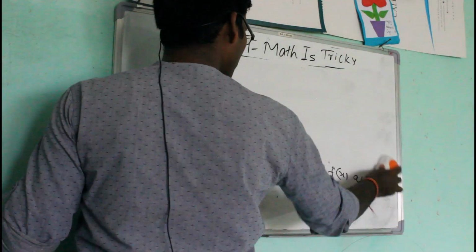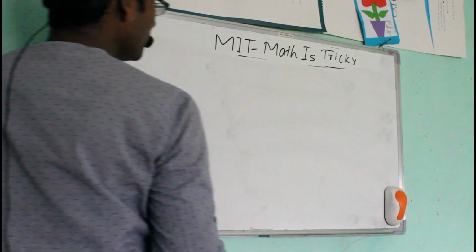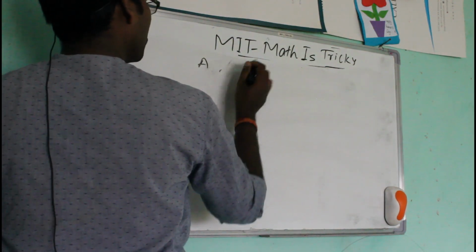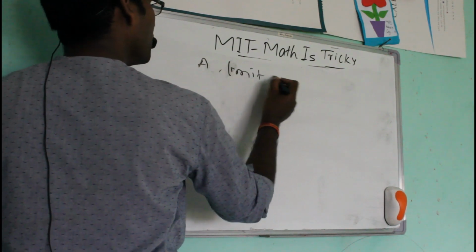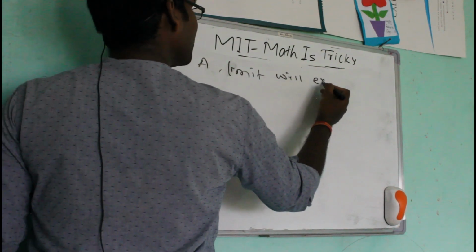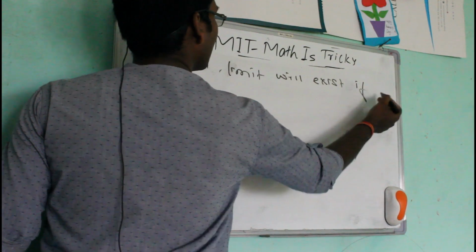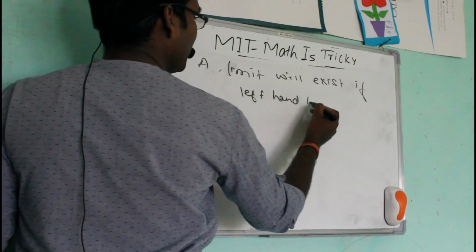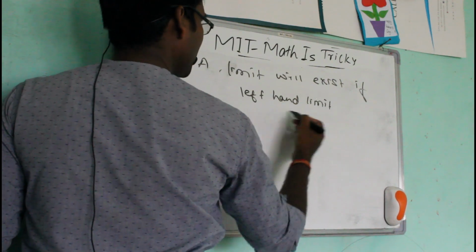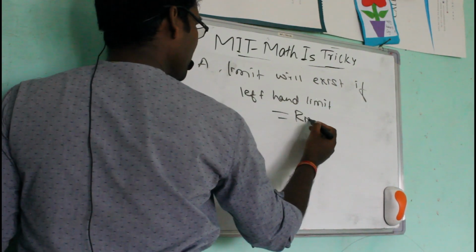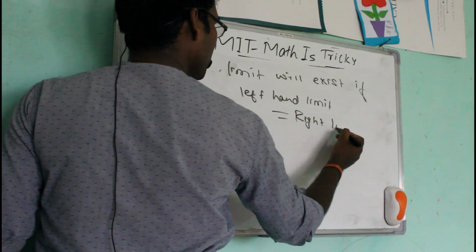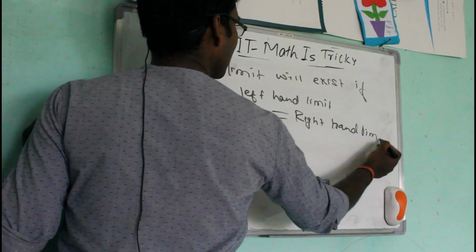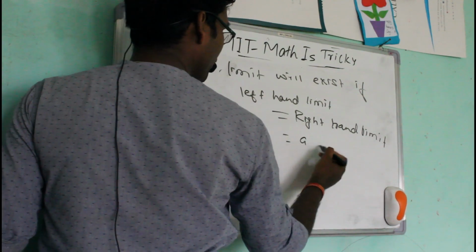Now let me explain how we calculate left hand limit and right hand limit. Remember one more point, a limit will exist if left hand limit equals right hand limit equals a finite number.